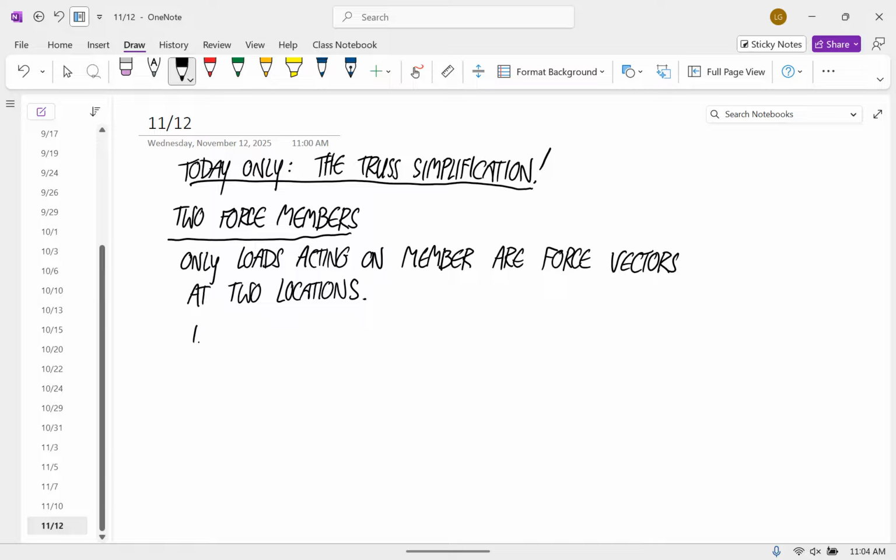In that case, there are two requirements on those forces that, if we take advantage of them, can make our calculations a lot simpler. The first one is that those force vectors have to be equal and opposite.